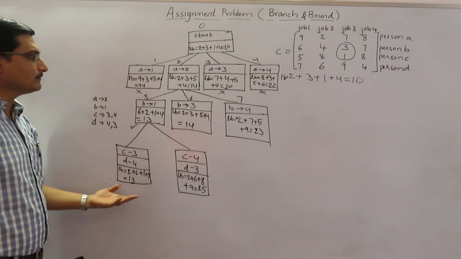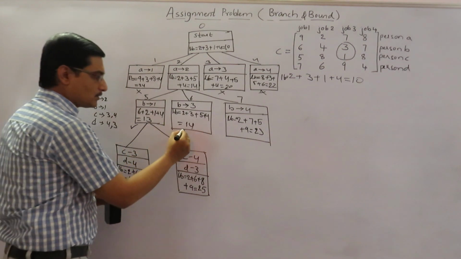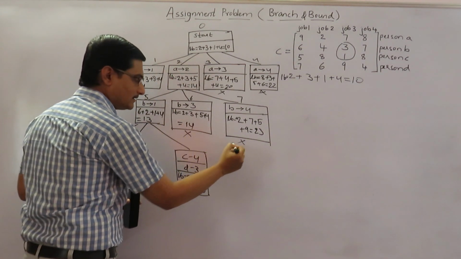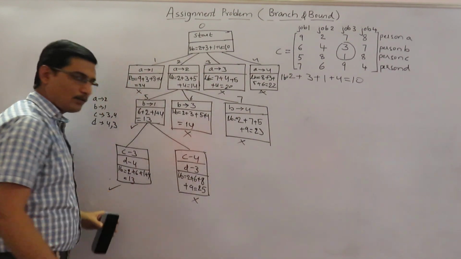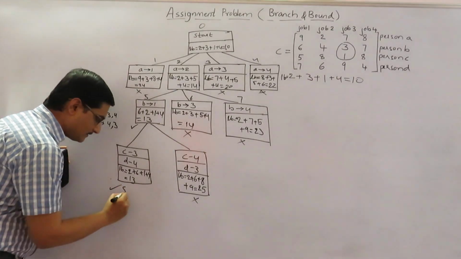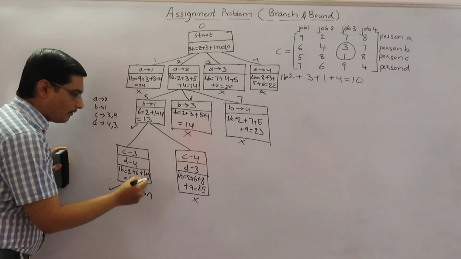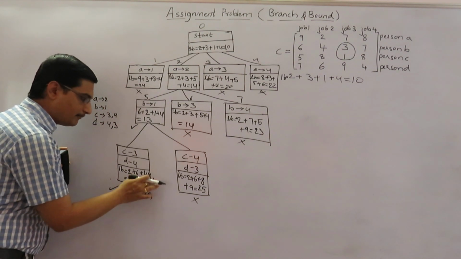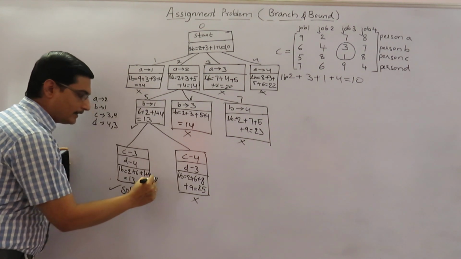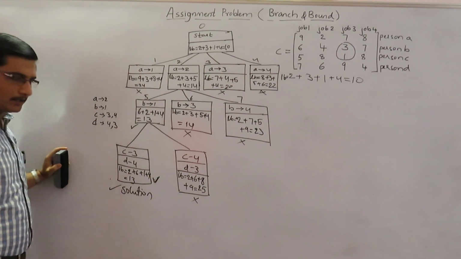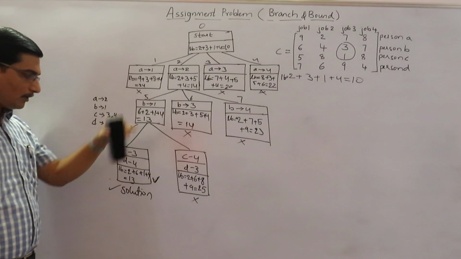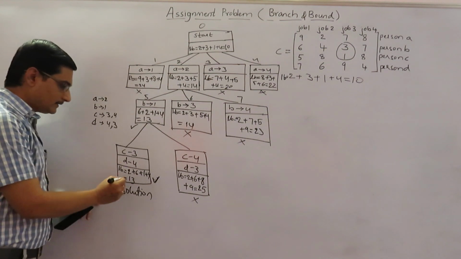So this also we can consider dead. This also we can consider dead, and this is the solution. We cannot go further because this is the best value we have got, and it is very near to our lower bound. So the solution for this problem at this instance is 13.